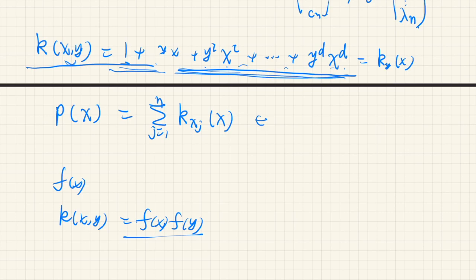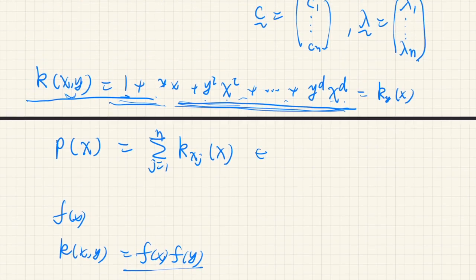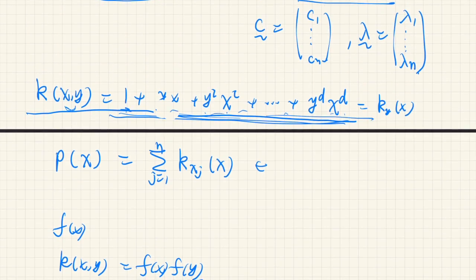Of course, 1 as a constant function is a kernel function. And we have also seen that if k1 and k2 are kernel functions, their sum is also a kernel function, as we have shown in the other video. So the sum of kernel functions is a kernel function. Therefore, this k(x, y), as we define here, is a kernel function.